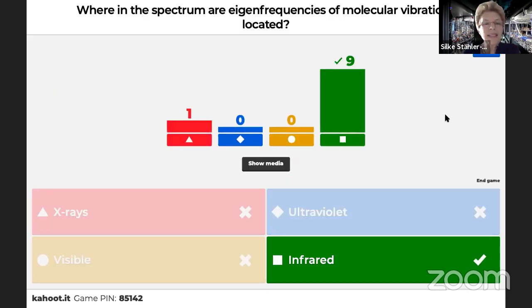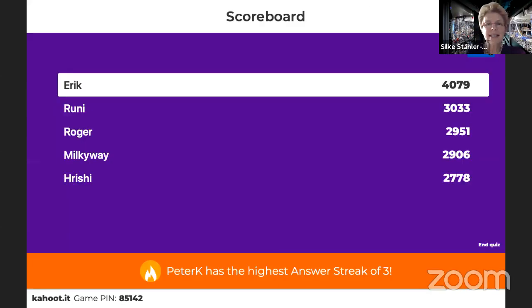Okay, 9 people answered the question in the right way. It's infrared where the absorption takes place. Okay, next, the ranking: Eric, Rooney, Rishi.